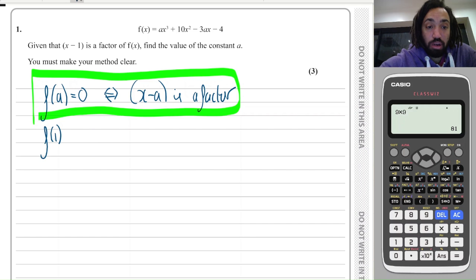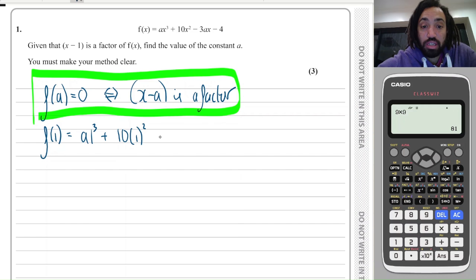So f of 1 is equal to, in this case, a times 1 cubed plus 10 times 1 squared minus 3a times 1 minus 4. And that is equal to 0 because 1 is a factor.